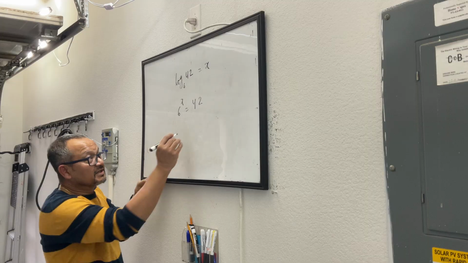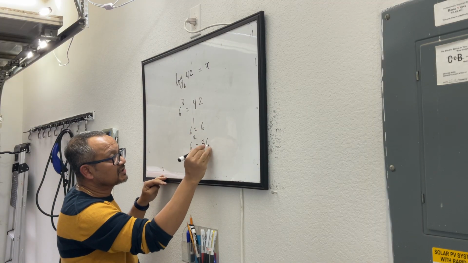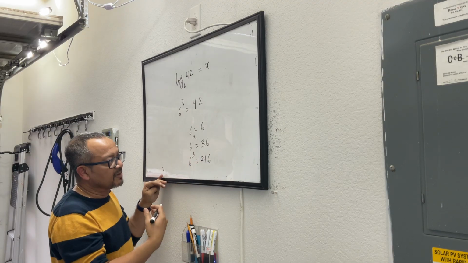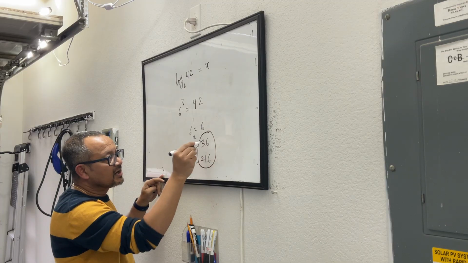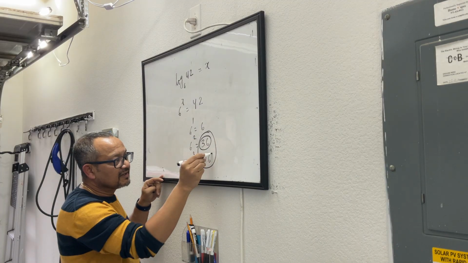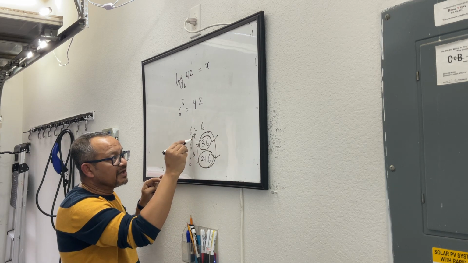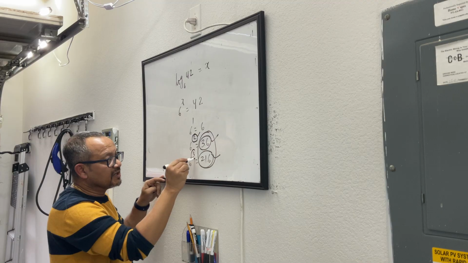I know that 6 to the power 1 is 6, 6 to the power 2 is 36, 6 to the power 3 is 216, and I can just go on multiply by 6 one more. But we know that my answer is more than this, less than this. I mean, my value is more than this, less than this. So meaning my x value is between 2 and 3.